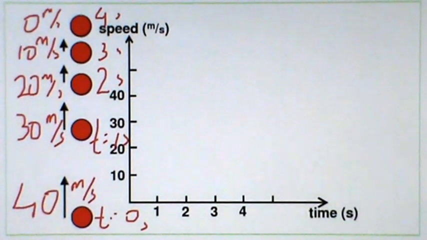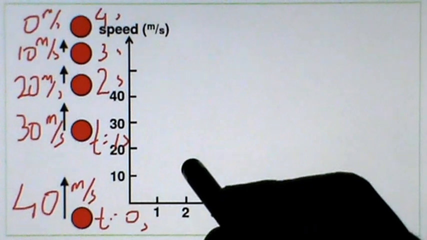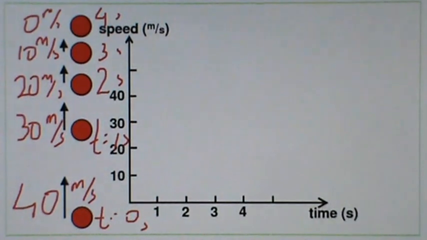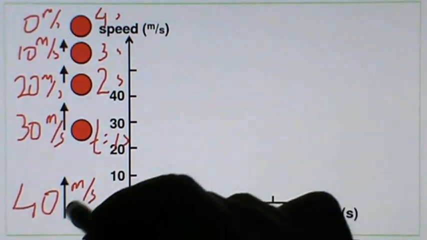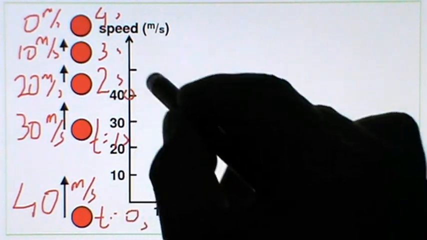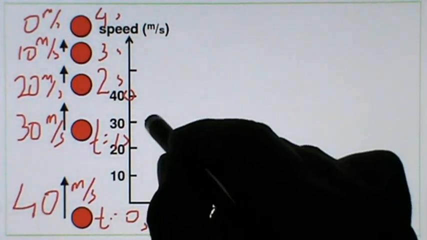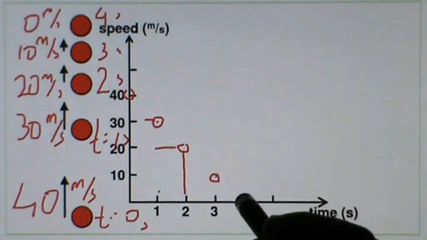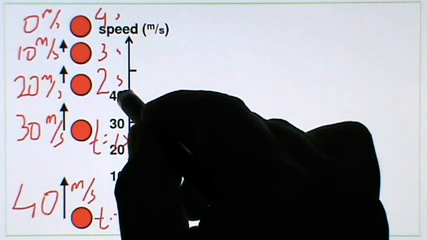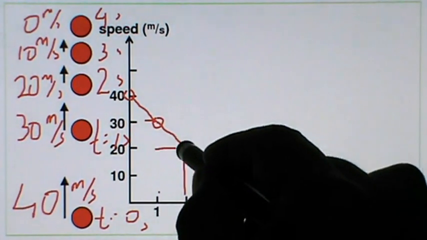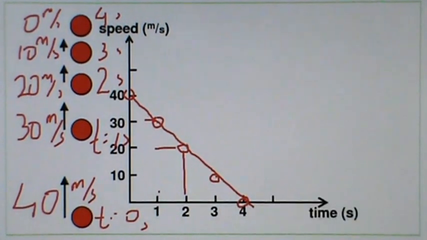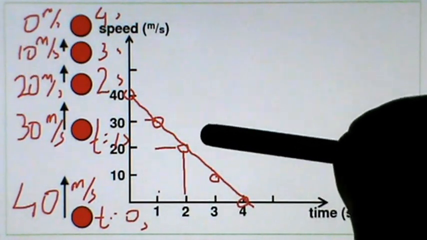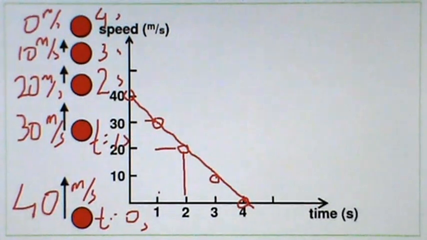Now, if we plot the speed versus time graph for the upward motion of the ball, for example, the initial speed is 40, and then 30, 20, 10, 0. If we connect these points, you will get a straight line like this. Notice that every second the speed decreases by 10 meters per second.